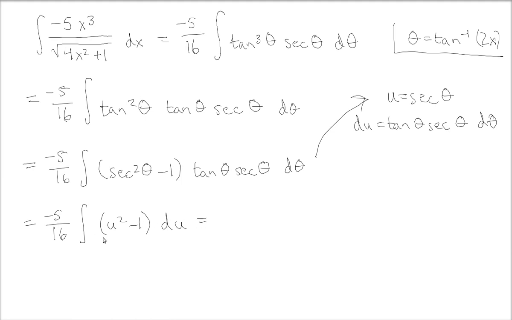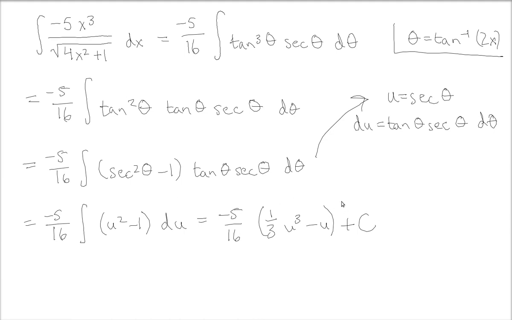So now, in terms of u, this is easy to integrate. I can just use the power rule. So I've still got my negative 5/16 out front. If I integrate u squared, I'm going to get 1/3 u cubed, and then minus the integral of 1 is u, plus my constant of integration c.